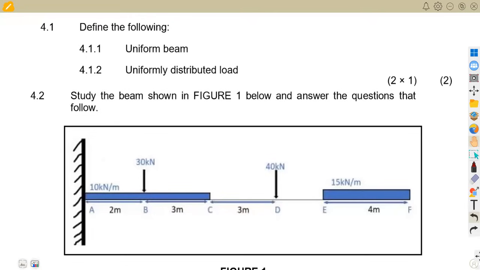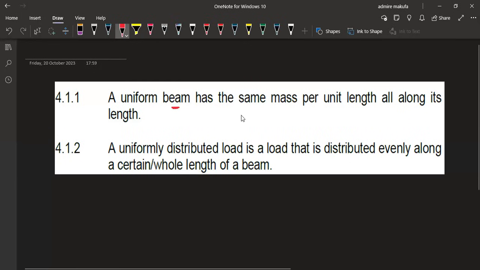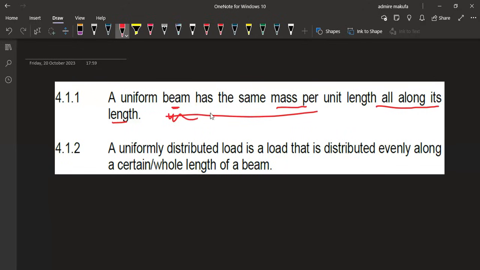In this case, we have two different uniform sections. A uniform beam is considered to have the same mass per unit length all along its length. So we are going to have the same mass along the length up to the end point.